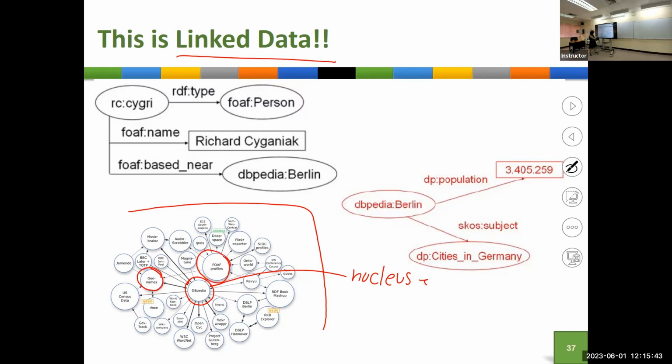Even US Census data, BBC, music, OpenPsych, which is an open ontology project as well, WordNet, and so on, DBLP, many other things. So try to link to others, and this makes the network effect.